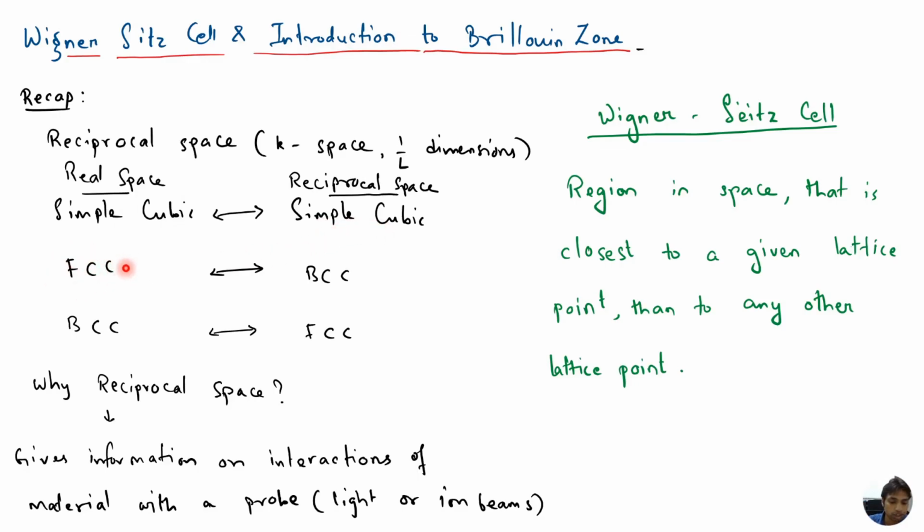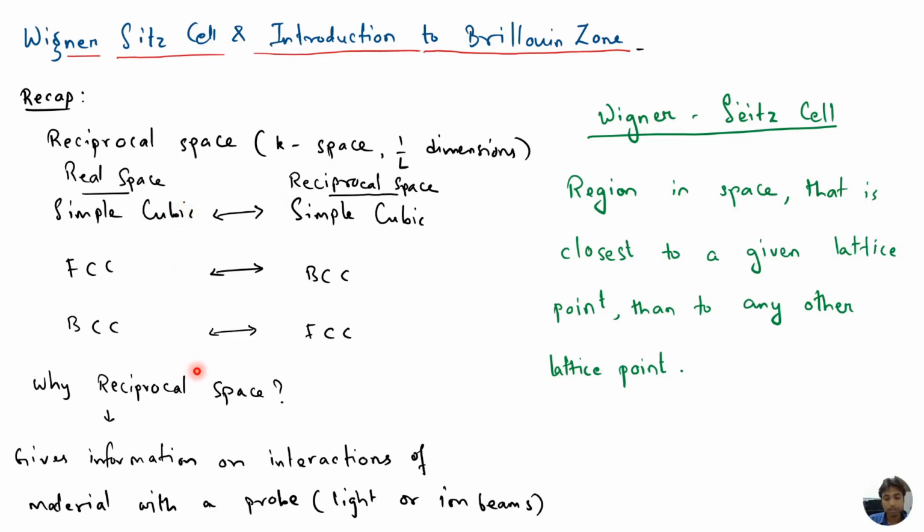If in real space we have FCC, then in reciprocal space we would have BCC, and if in real space we have BCC, then in reciprocal space we will have FCC. So this reciprocal space is just an equivalent representation of the real space.